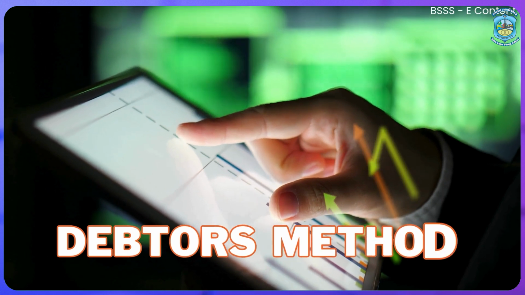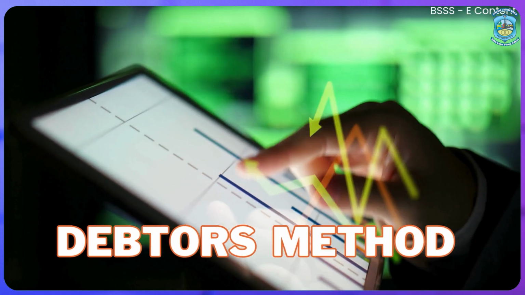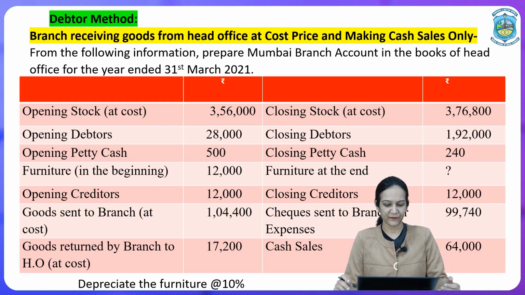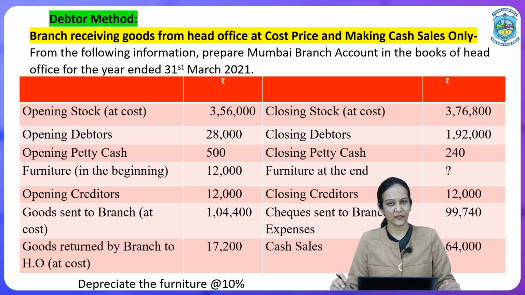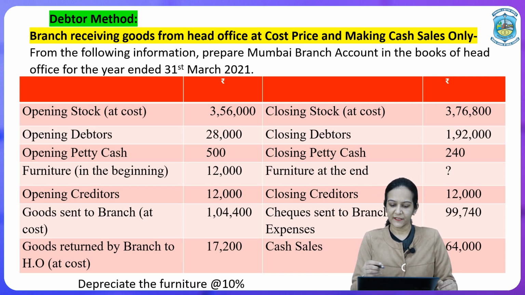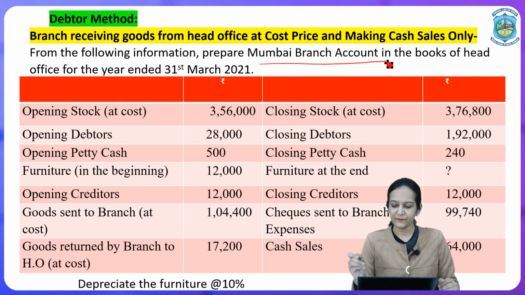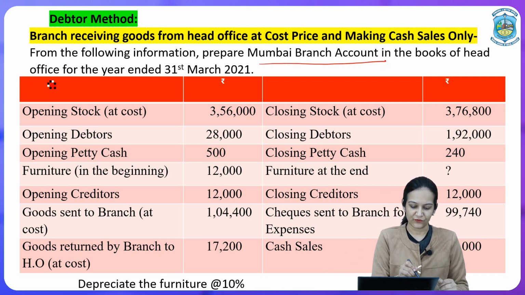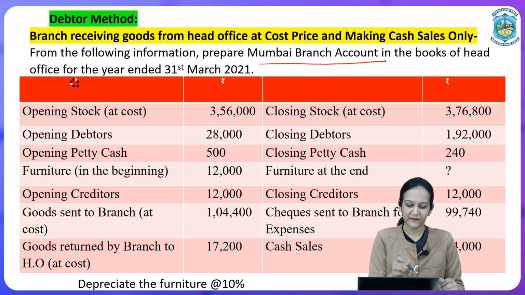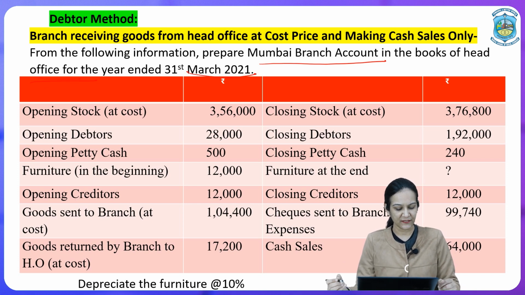So here is an example to understand the things when the branch is receiving the goods from the head office at cost price and making cash sale only, how the branch accounts are prepared in the books of the head office. The following example is in front of us, and in this you are supposed to prepare Mumbai branch account in the books of the head office for the period ending 31st March 2021.